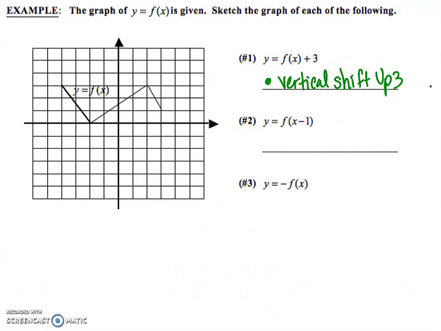So I'm just going to take each of my points on the graph, kind of key points here, and I'm going to move them up 3 units. Okay, so that's what number 1 would look like there.